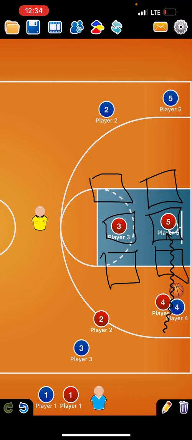The first attack defense is that help must rotate to side help and stop or help defend the baseline drive before it gets into the key.